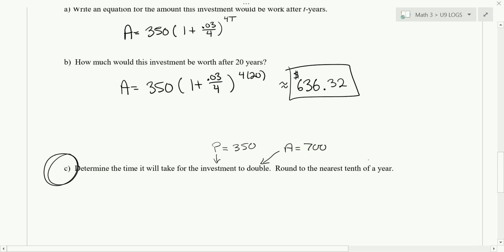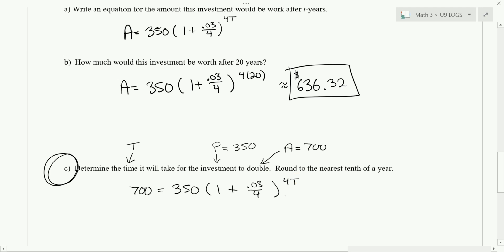And we're going to solve for t, right? Determine the time. We need to find t. So we plug it all into that formula. We get 700 is 350 times 1 plus 0.03 over 4 to the power of 4 times t. All right, so that's the starting spot.